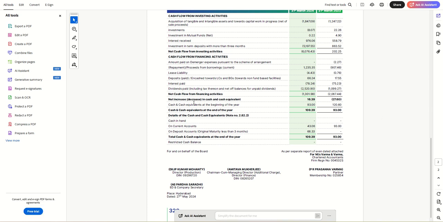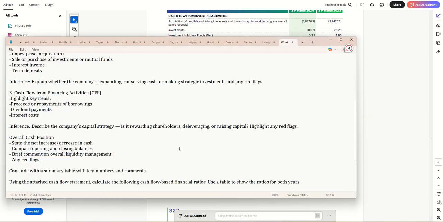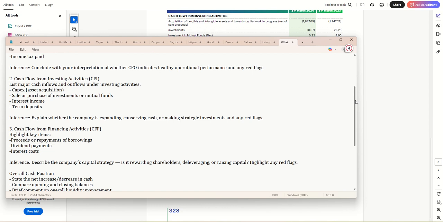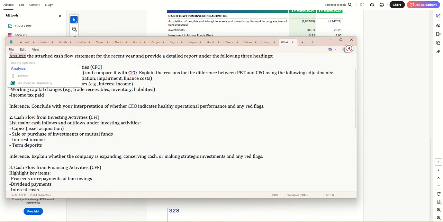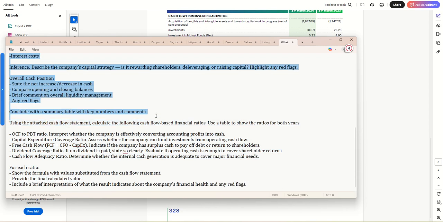There is an opening balance, meaning the previous 93 crores or whatever that actually went here in the next year's statement. So this kind of comparison it is going to make and finally give a summary. So let me run this prompt. Conclude the summary table with key numbers and comments. Okay, copy.